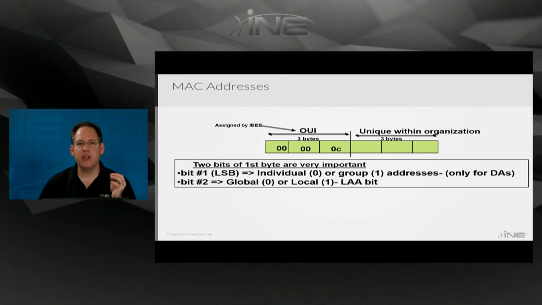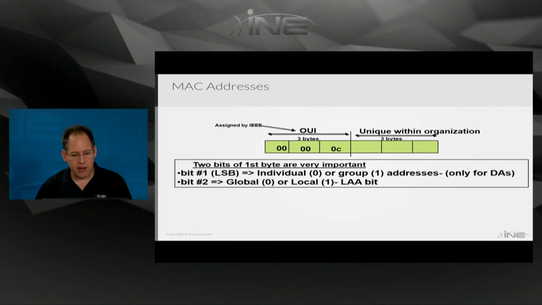So every single NIC card should have its own unique MAC address burned into it at the time of manufacture that is unchanging. So the manufacturer's stamp, the OUI, will be the first half, and then the second half will be a unique number just for that MAC address, just for that NIC card.